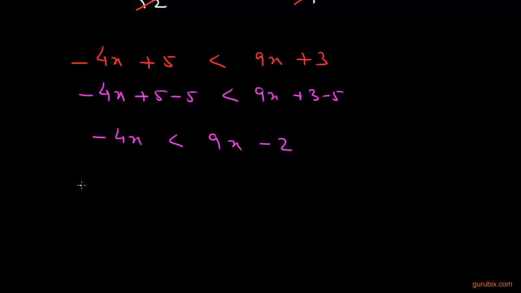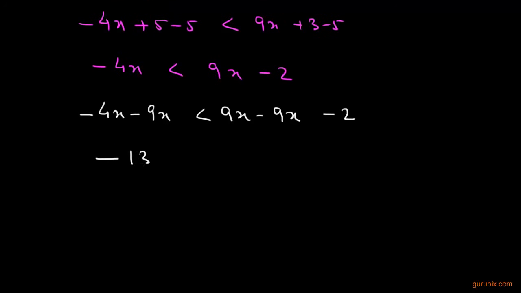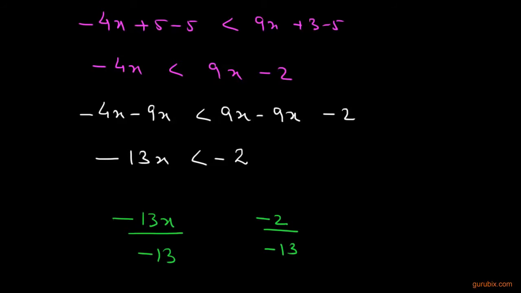And now we shall subtract 9x from both the sides. Then it will be minus 13x less than or equal to negative 2. And we know that when we divide by a negative number, the sign of inequality will be reversed. Then we divide by negative 13, giving negative 2 over negative 13, but the sign of inequality will be reversed.